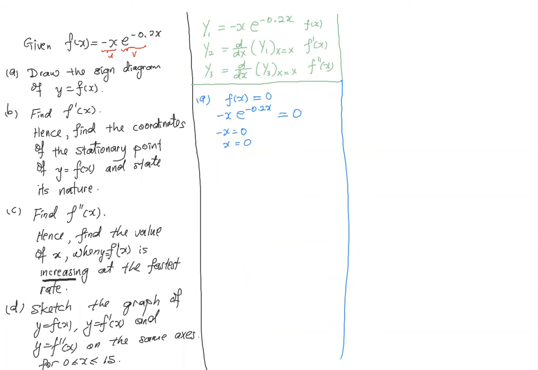All right. So e to the power negative 0.2x equal to 0. There is no solution here. Everyone should be very familiar with that. So x can be any value. So this is your fx sign diagram.